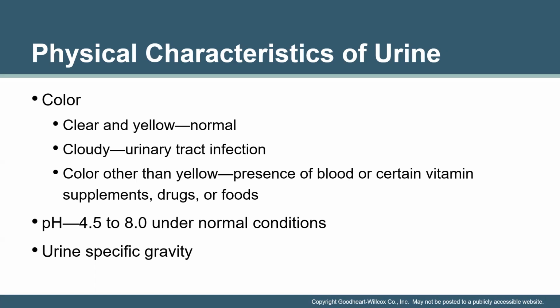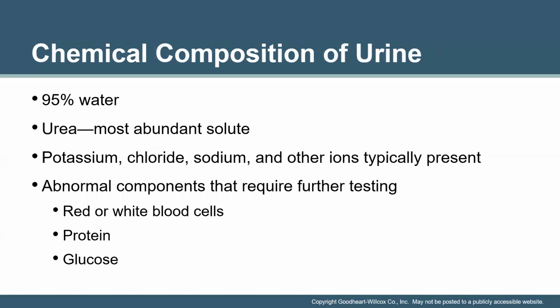The pH of urine should be around 4.5 to 8. And urine has what's called a specific gravity, which is really like how much is in it, how much particulate is in it. Urine is about 95% water.